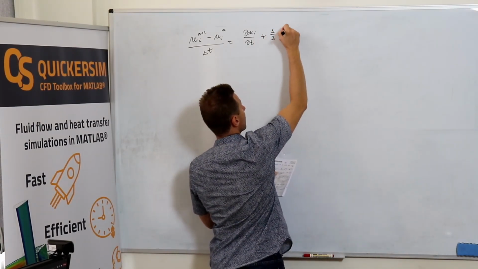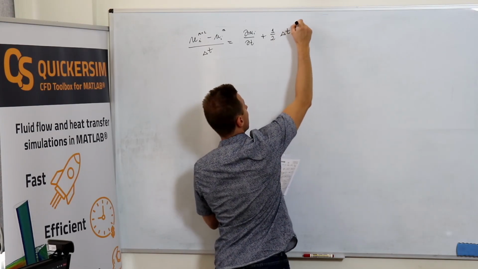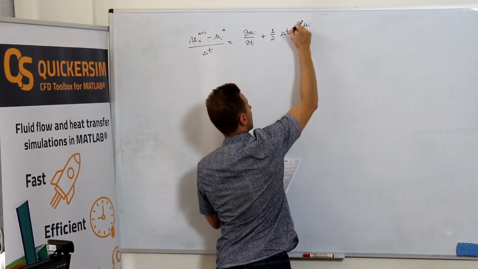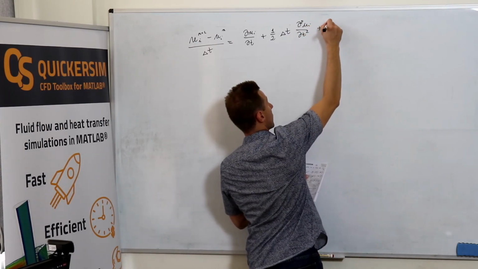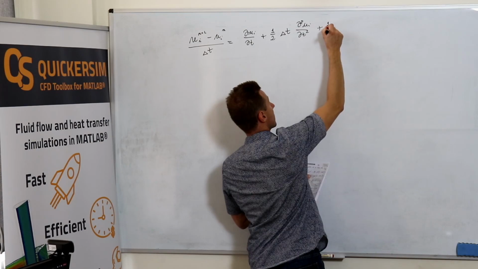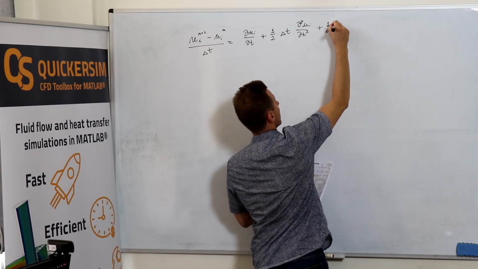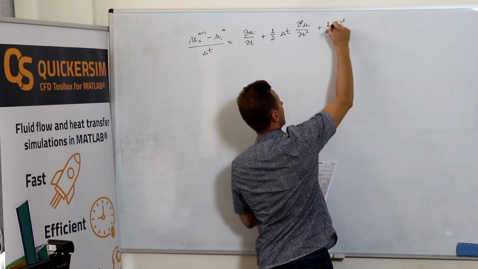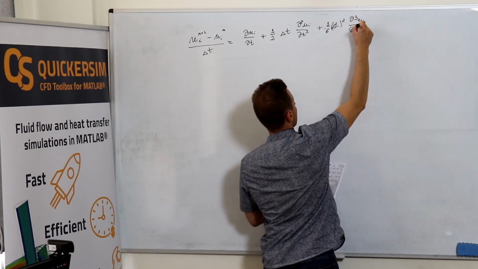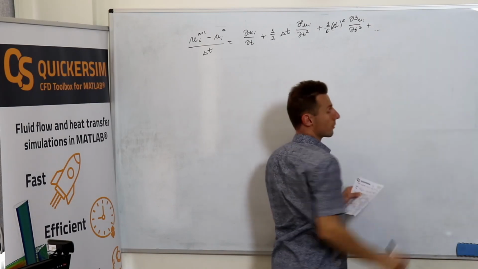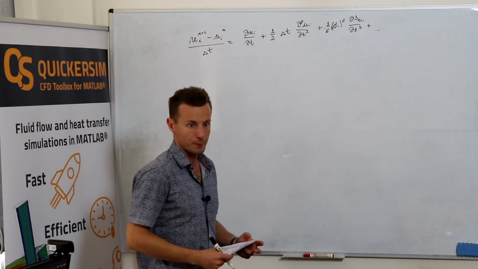It's 1/2 delta t second derivative with respect to time, plus, if you wish, 1/6 delta t square third derivative of u with respect to time, plus higher order terms. Okay?